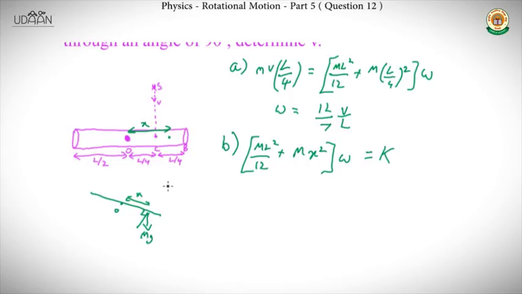So the torque at time t when the insect is at a distance x from the center is mg cos theta into x, where theta is the angle which the rod has already rotated through.